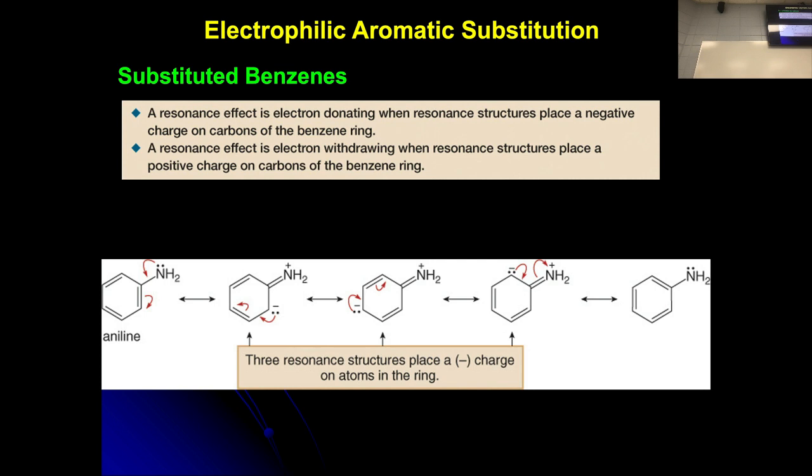So where on the ring are the electrons through the resonance structures? They're ortho and para. So you would anticipate that you would get a mixture of this and this.